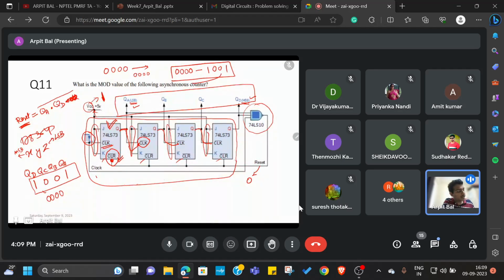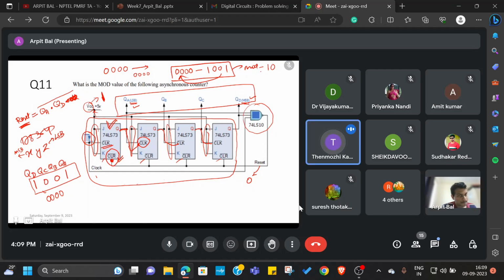After that it again goes to the 0 0 0 0 state. So the mod of this counter is 10, right? Is everyone clear with this point, or does anyone need an additional explanation?